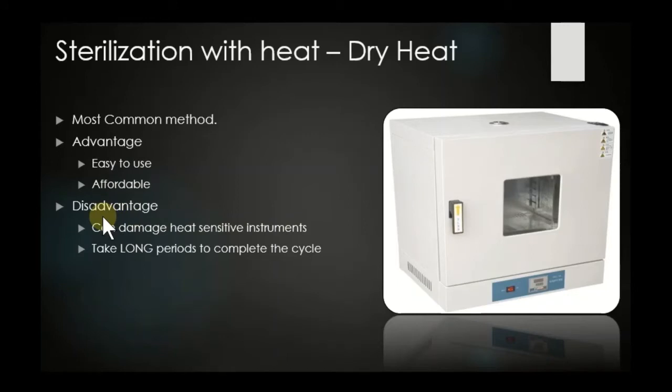But on the other hand, it has some disadvantages, as it can damage heat sensitive instruments, like for example the plastic instruments, and the process of sterilization by dry heat can take long periods to complete the cycle. So the clinic needs to have multiple sets of instruments, as one set will take considerable time within the oven to be sterilized before being reused.